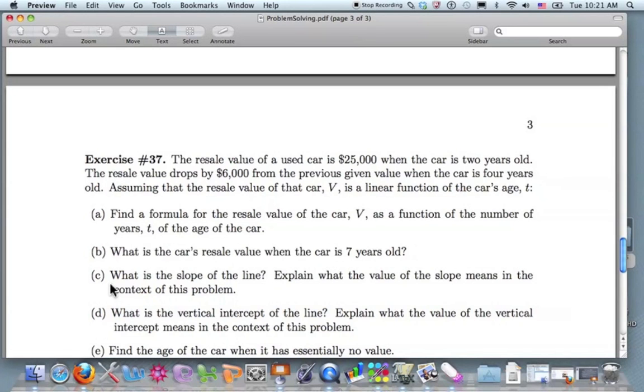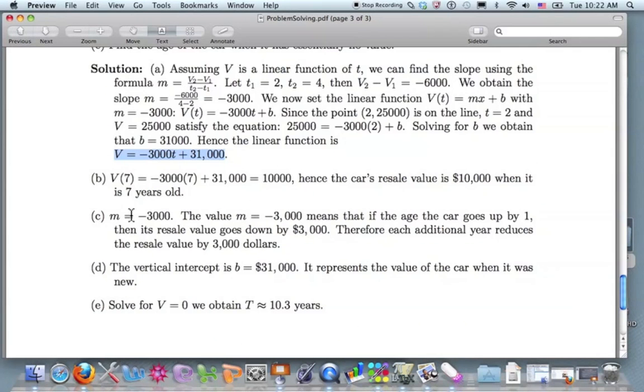Part C is, what is the slope of the line? Explain what the value of the slope means in the context of this problem. Again, we need to find the unit, and this time the units are fairly easy to detect. The unit of the variable v is dollars, and the unit of variable t is years. So the unit is dollars over years, and the value is negative 3,000.